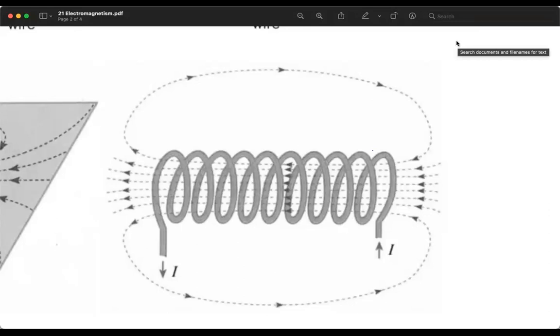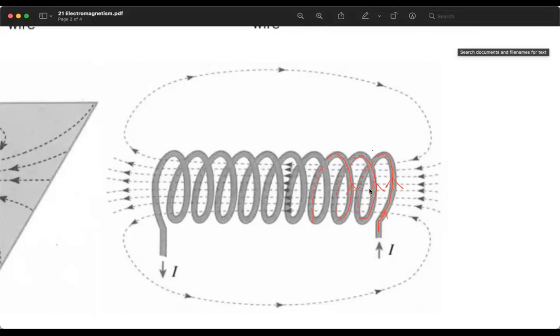Okay, so I'm sorry about earlier on. The solenoid, this bend here is bending towards us. So it is in front, then behind. Then in front, then behind. Then in front, then behind. That is how the current is.